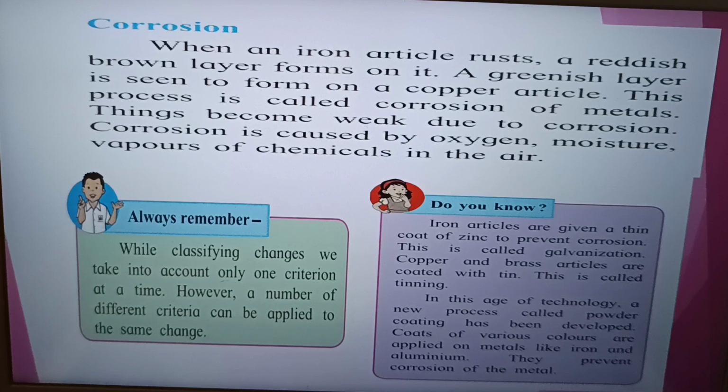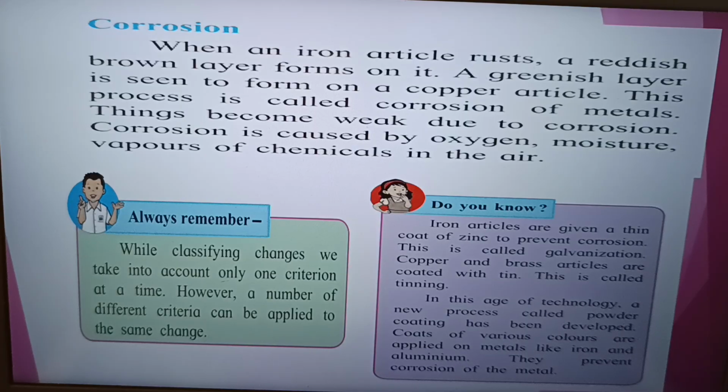This can also be done, and this is called galvanization. Just remember that if it is going to come in your examination, what is galvanization? Galvanization is giving a thin layer of coat of zinc to prevent iron articles from rusting.